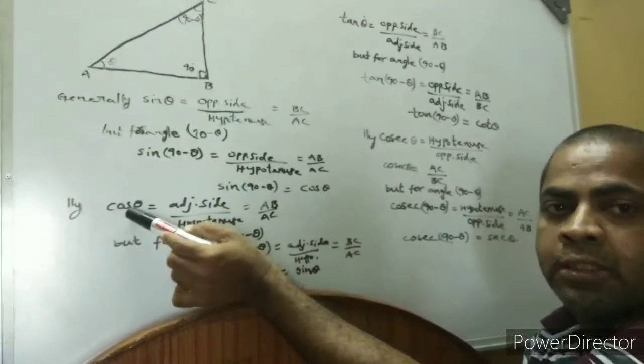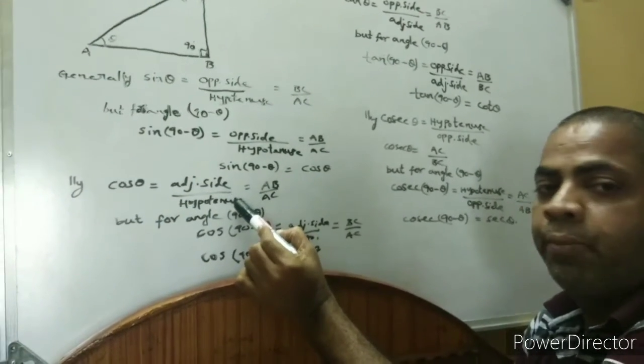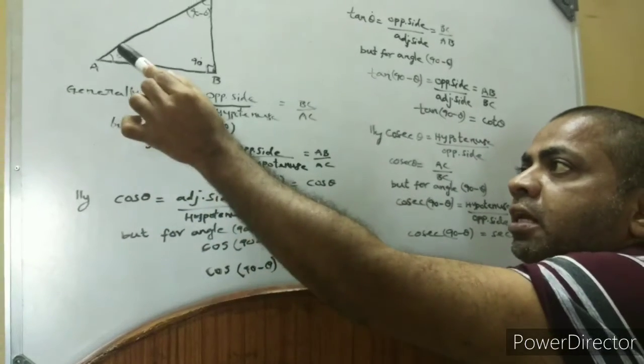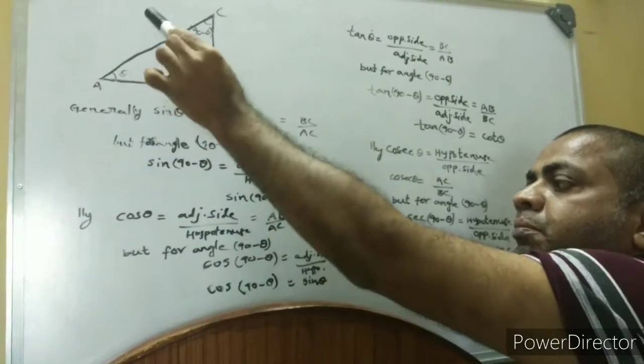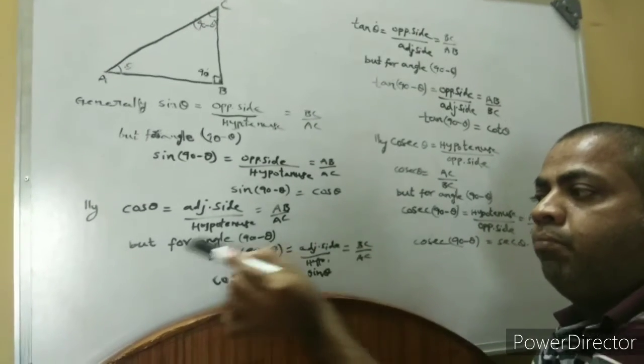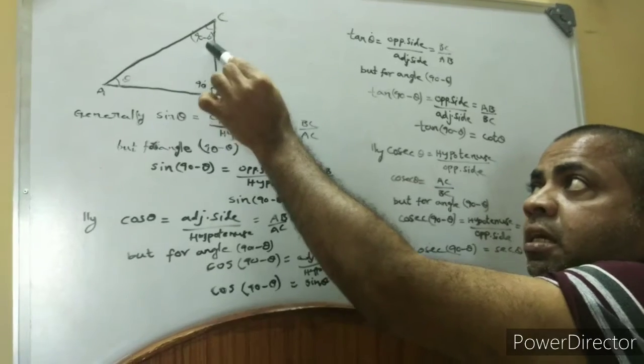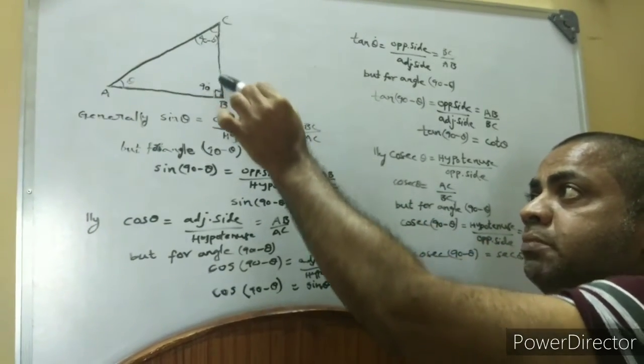Now look at cos theta. The general definition of cos theta is the adjacent side to theta by hypotenuse. According to the figure, the adjacent side is AB and the hypotenuse is AC, therefore AB by AC. But for the angle 90 minus theta, the adjacent side is BC.